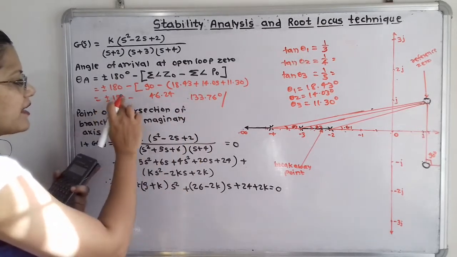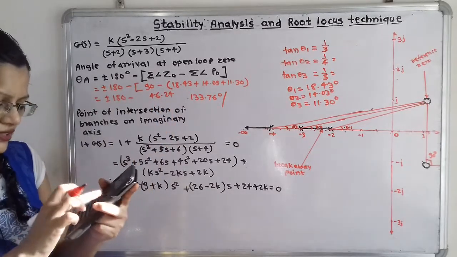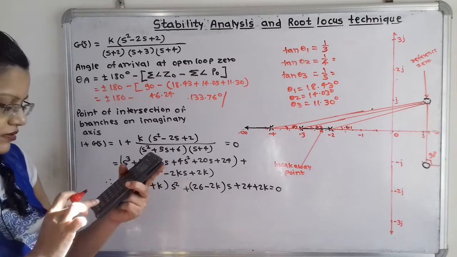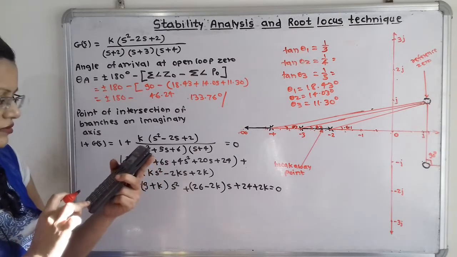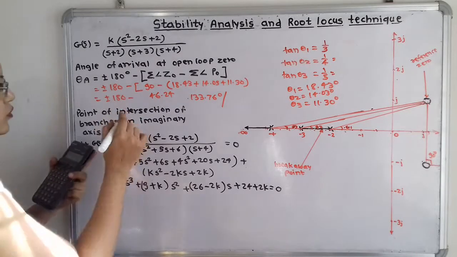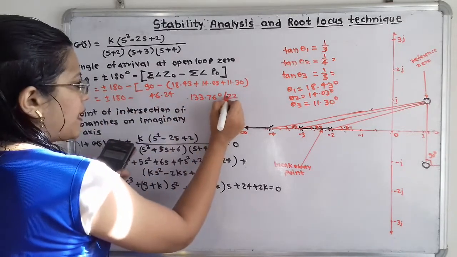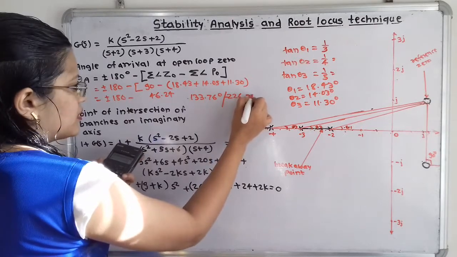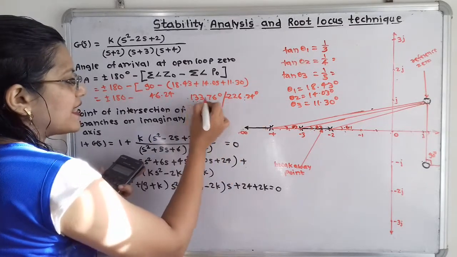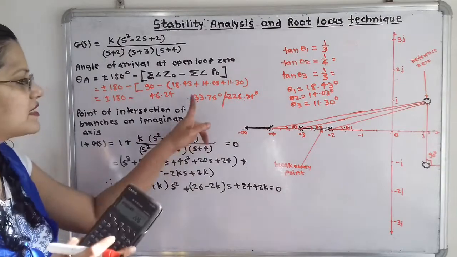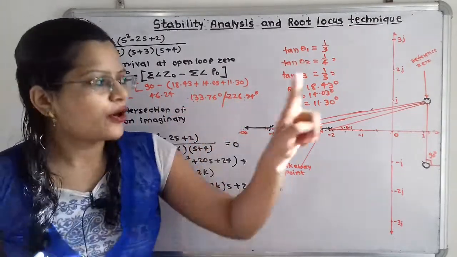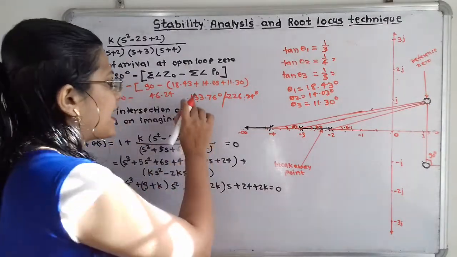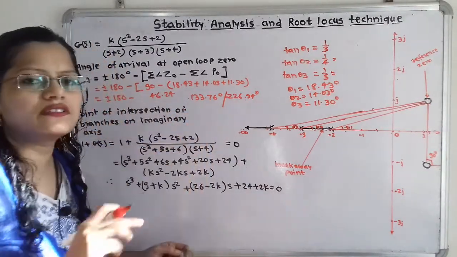Or if I take minus 180 minus 46.24, I get minus 226.24 degrees. So here we have to take any one angle. These are the two angles for this reference zero. So I will consider this angle as 133 degrees.